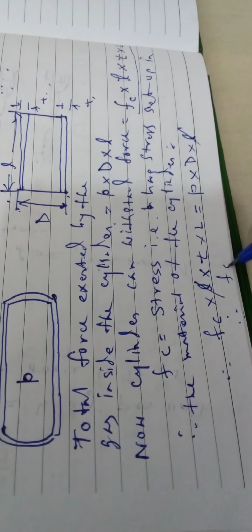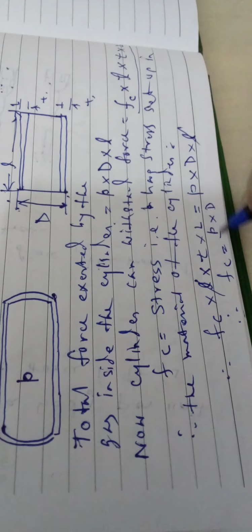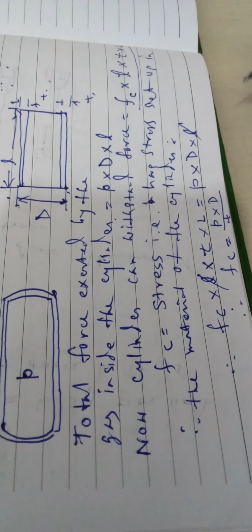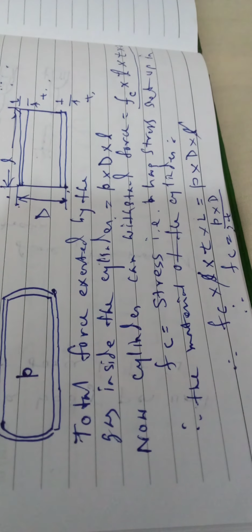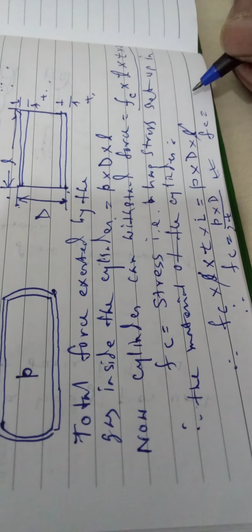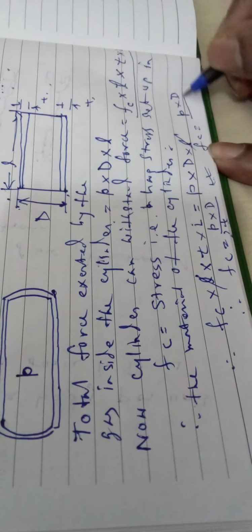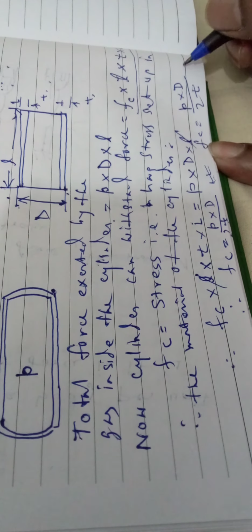Therefore, Fc equal to P into D by 2T, sorry, there is a 2. So, Fc equal to inside pressure into diameter of the cylinder divided by 2 into wall thickness of the cylinder.